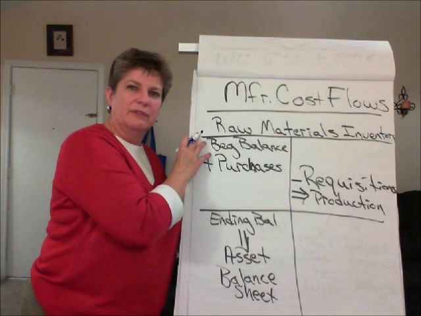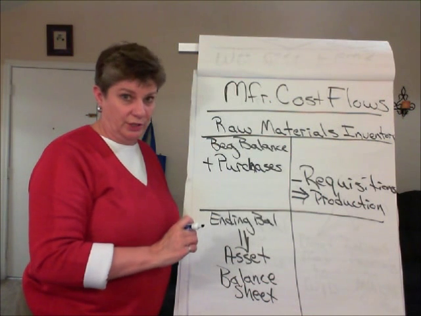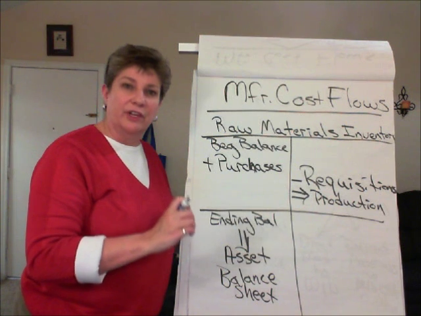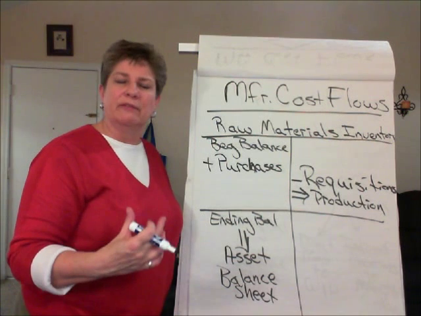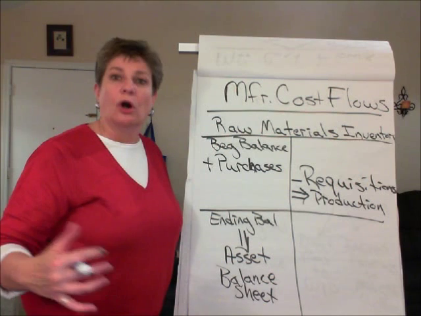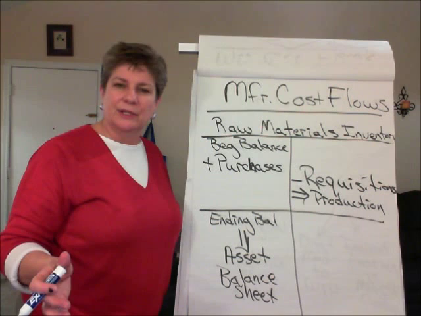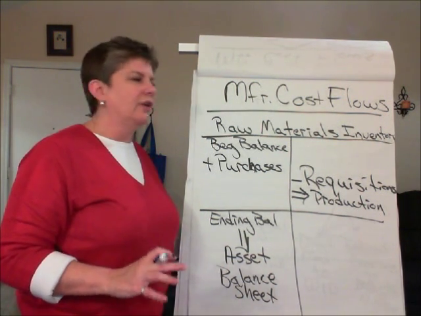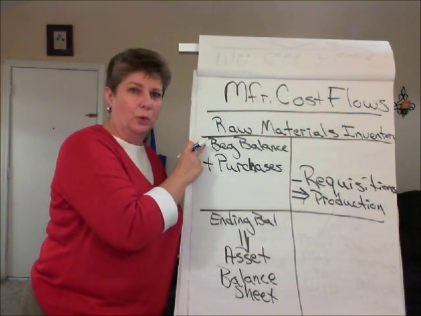Raw materials inventory would be the specific inventory account in which the cost of direct materials, those materials that are an integral part of the finished product, would be kept, and then separate inventory accounts would be kept for lubricants, which are manufacturing overhead, or supplies that are used for maintenance, or janitorial supplies. Those would be kept in separate inventory accounts. But some manufacturers keep only one inventory account.